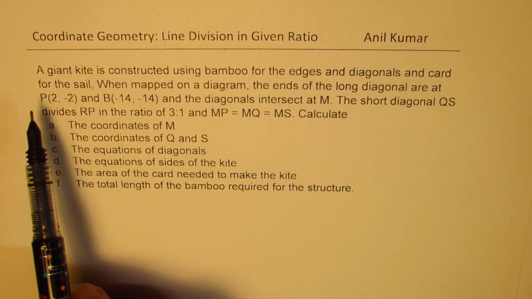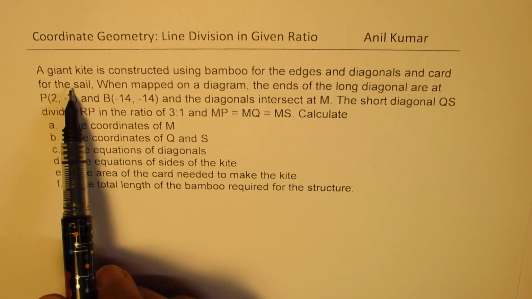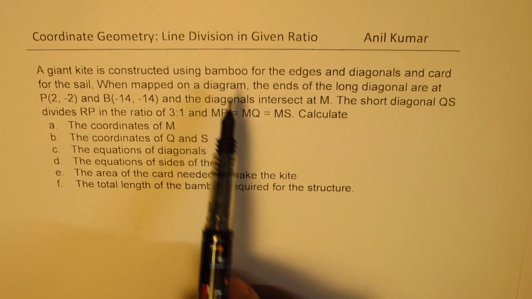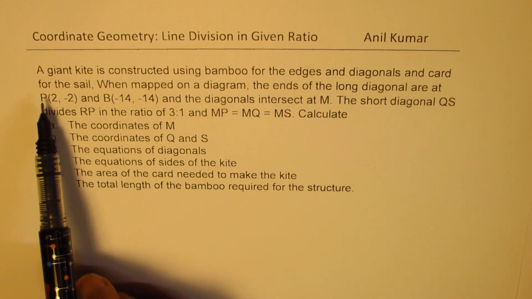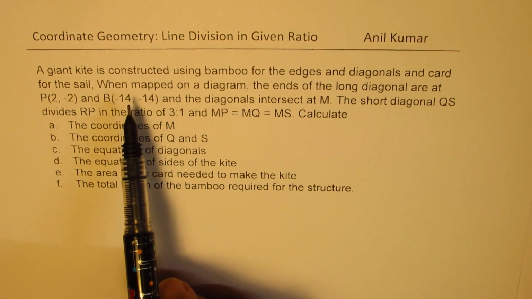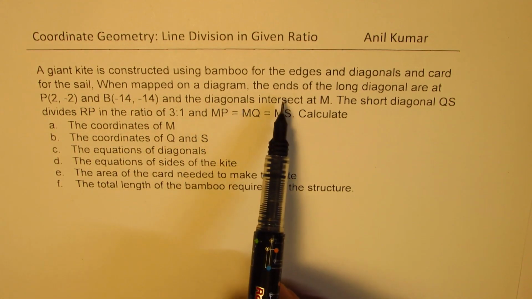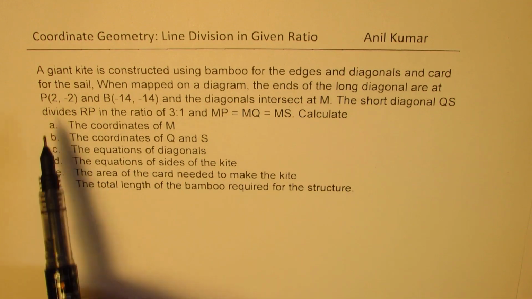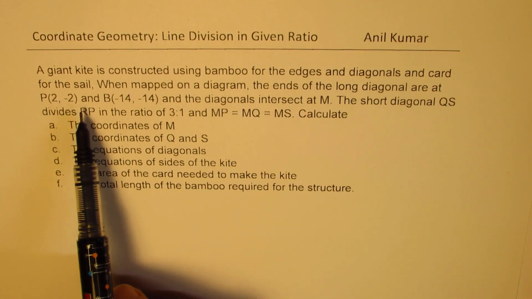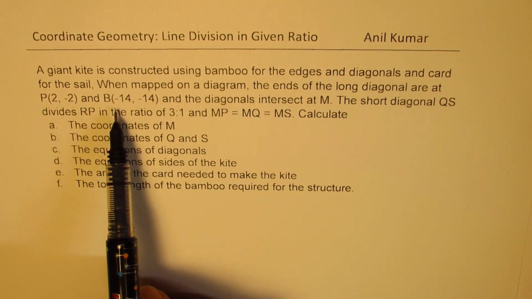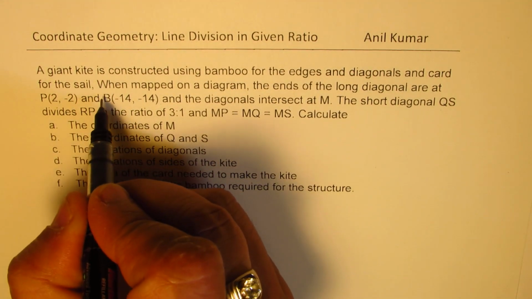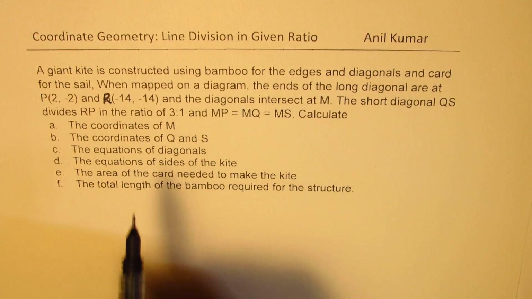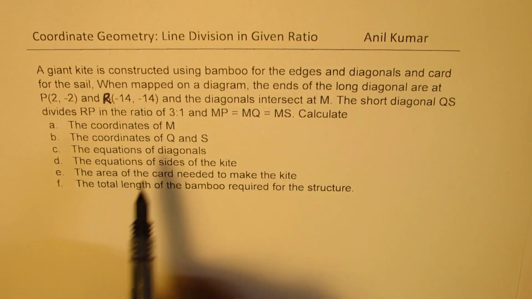The question here is, a giant kite is constructed using bamboo for the edges and diagonals and card for the sail. When mapped on a diagram, the ends of the long diagonal are at P (2, -2) and R (-14, -14).